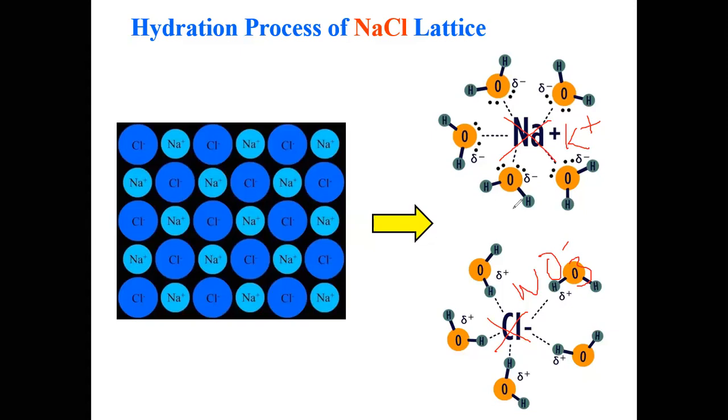But the calculation process would be different. Earlier, we used lattice energy or bond enthalpy, bond energy. But here, we will use the mass of the solution, the temperature difference between initial and final temperature, and the specific heat of the solvent. So let's see what we are going to do in this experiment.